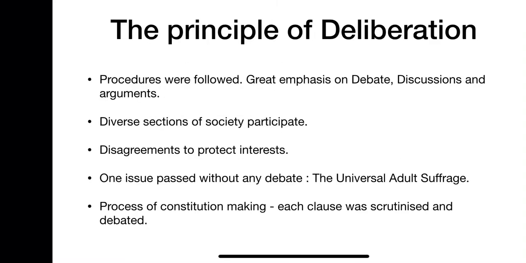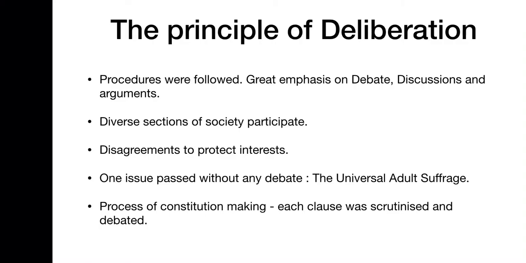The principle of deliberation. The authority of the Constituent Assembly does not come only from the fact that it was broadly, though not perfectly, representative. It comes from the procedures it adopted to frame the constitution, and the most important procedure which the Indian Constituent Assembly adopted was called the principle of deliberation. Diverse sections of society participated in the deliberations.